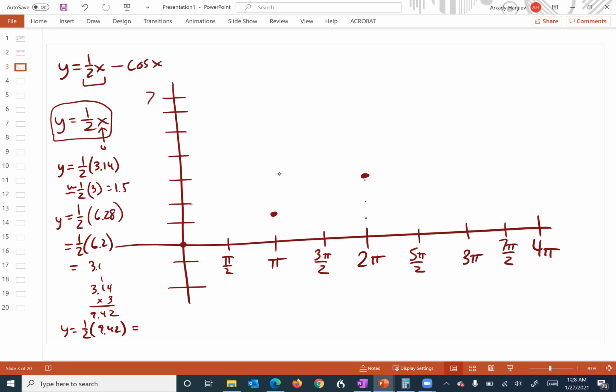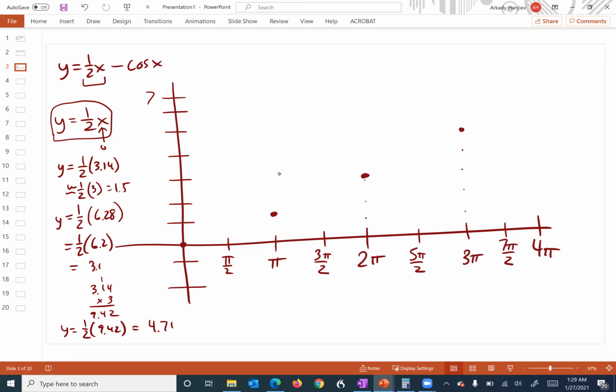Okay, half of that. What's half of 9.42? So half of 9 is 4, half of 14 is 7, 1. So 4.71. So at 3 pi, we're looking at 1, 2, 3, 4, and almost close to 5, but not quite. Okay, last one, and then we'll put this together here.